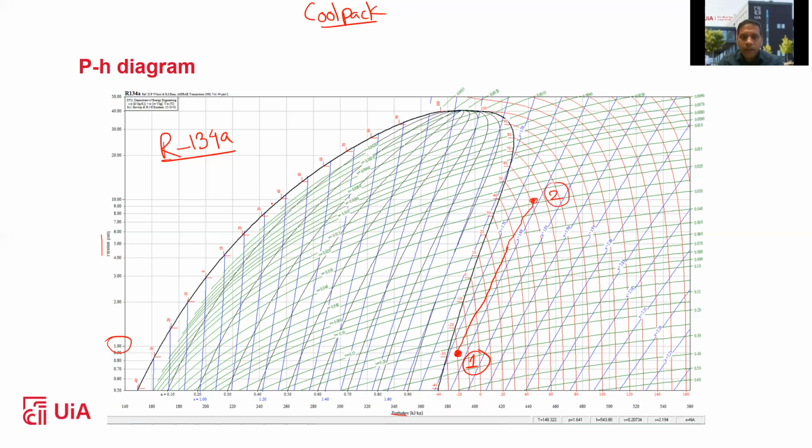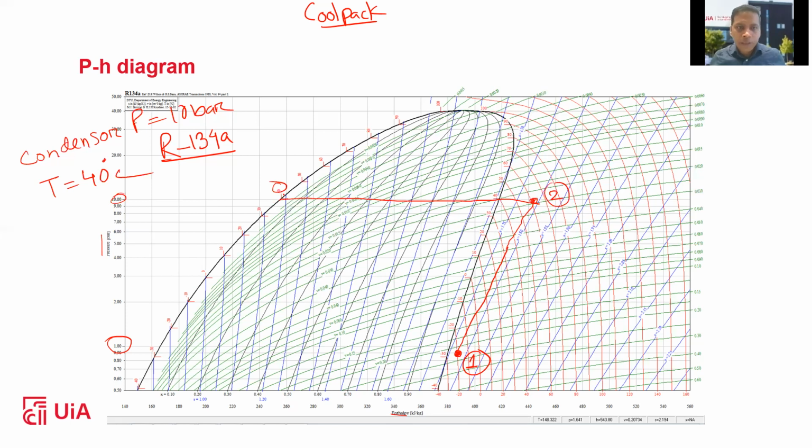Okay, then you can draw a line, which is like the condenser work. As I mentioned, the condenser pressure and temperature are 10 bar and 40 degrees centigrade.